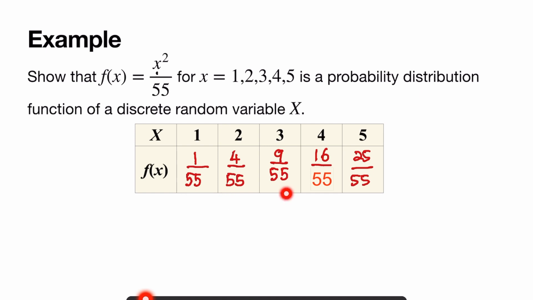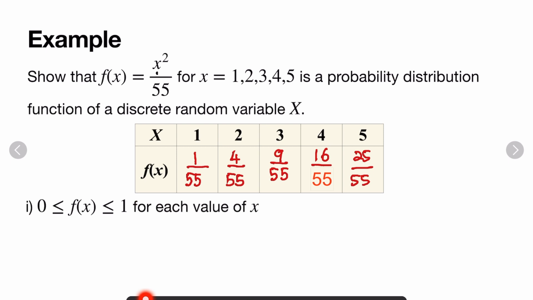Yes. 9 over 55? Is it between 0 and 1? Yes. 16 over 55? Yes. 25 over 55? Yes. It is between 0 and 1. Okay. So just write down this one. f(x) is between 0 and 1 inclusively for each value of x.